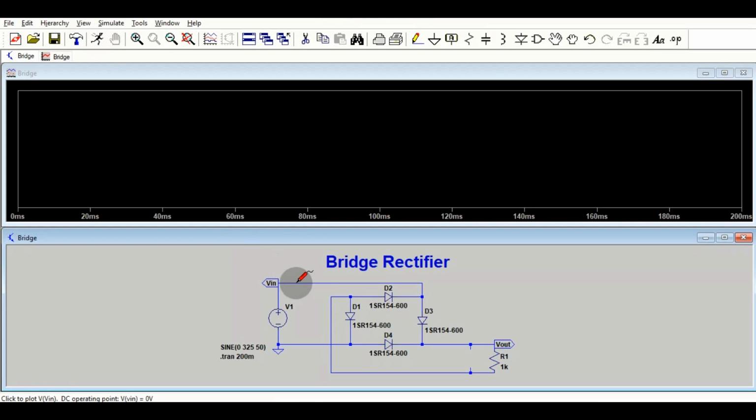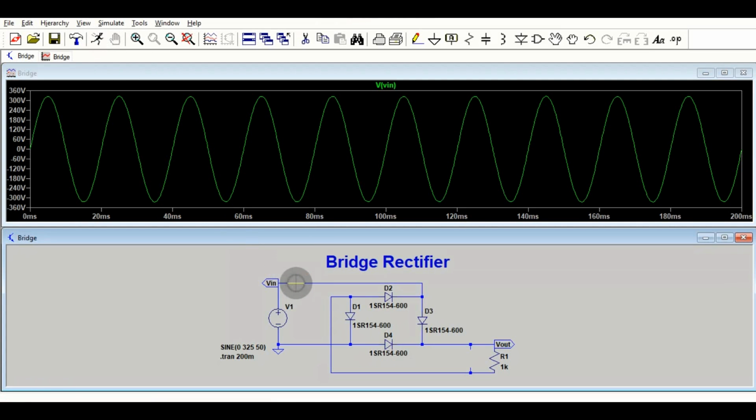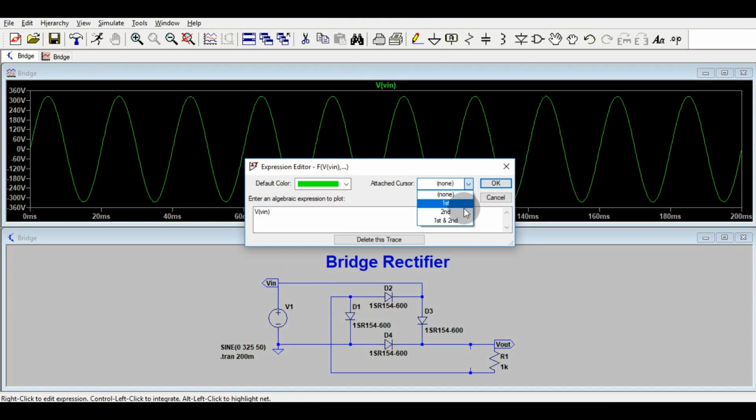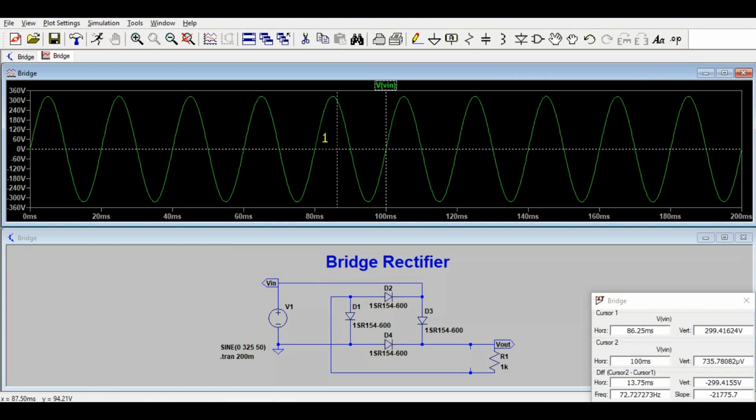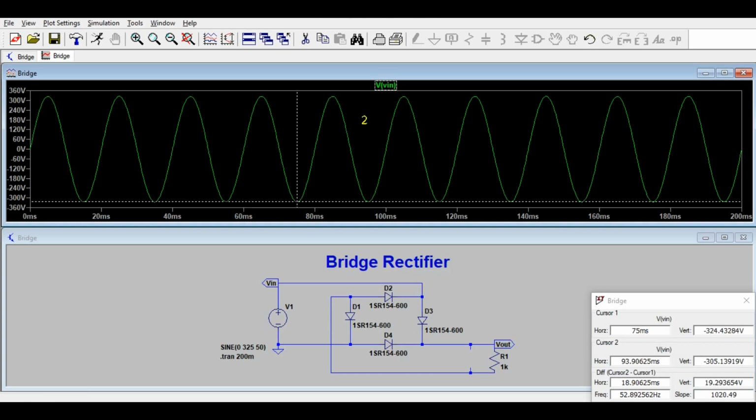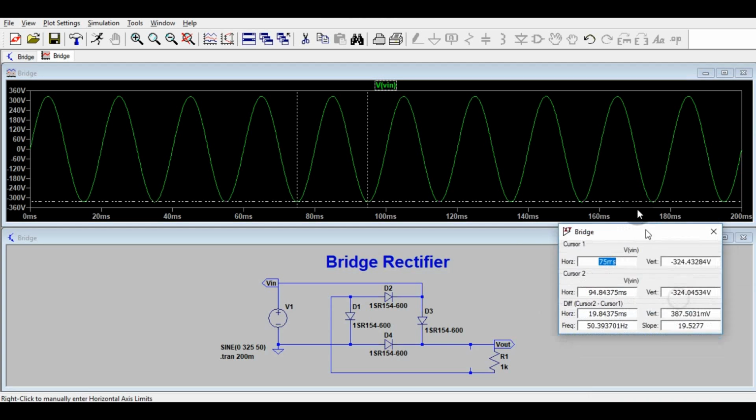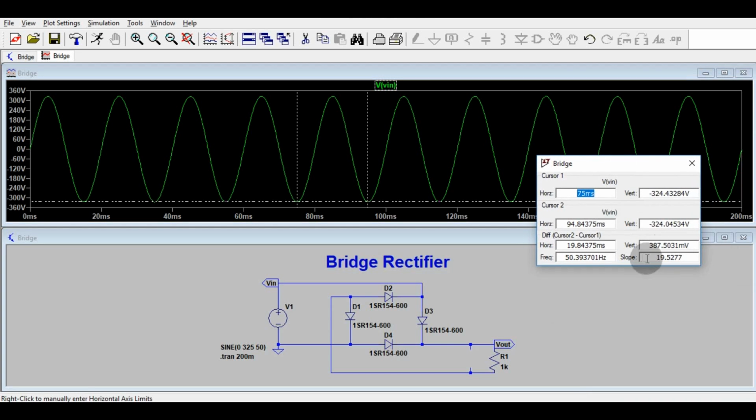So I will show you the input waveform. So this is input waveform. Let me add cursor to show you two cursors. Okay. So from here to here, yeah, this is 50 hertz, right? And the voltage is 324 volt, right?